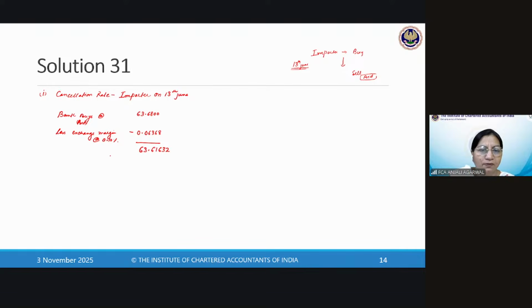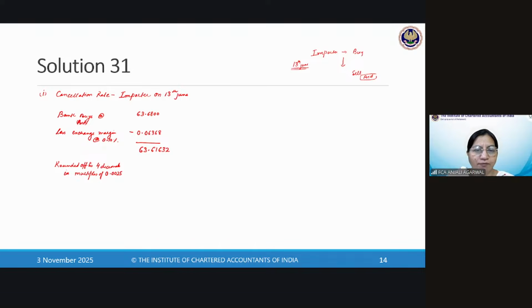63.61632 rounded off in multiples of 0.0025. So if I simply round it off to 4 decimals, it becomes 63.6163. But I have to round off in multiples of 0.0025.